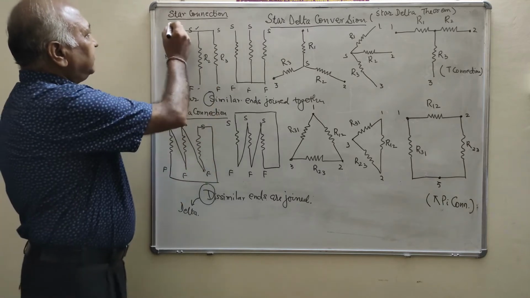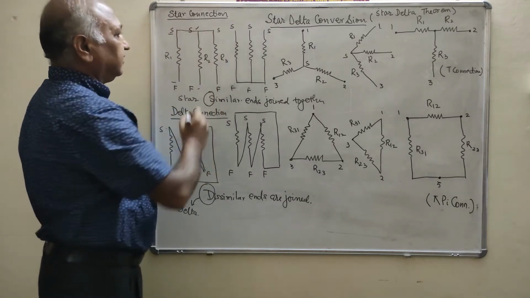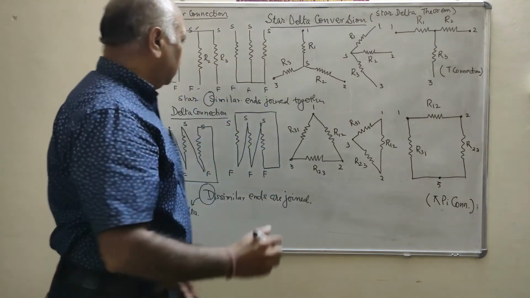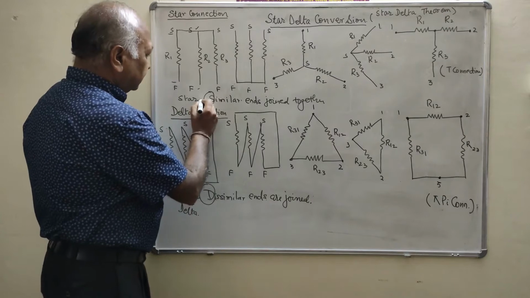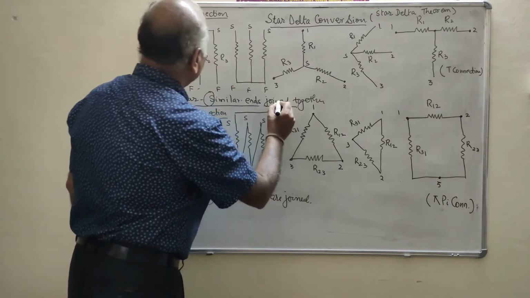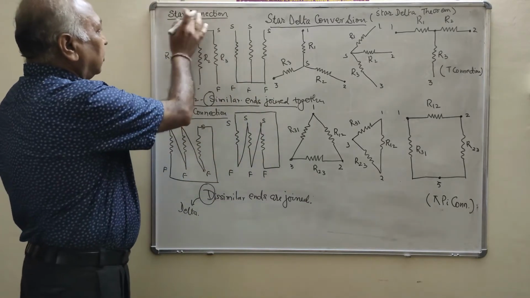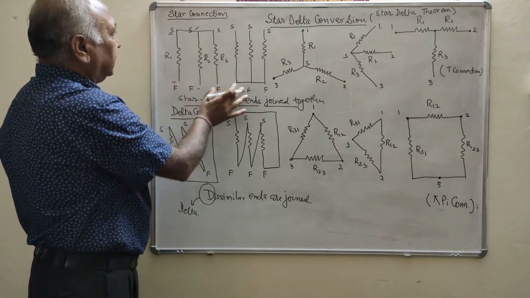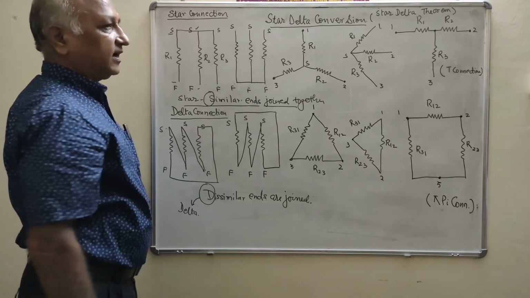Clear? When we say star connection, that means the similar ends are joined together. If we join all the starting ends or all the finishing ends, it is called the star connection.